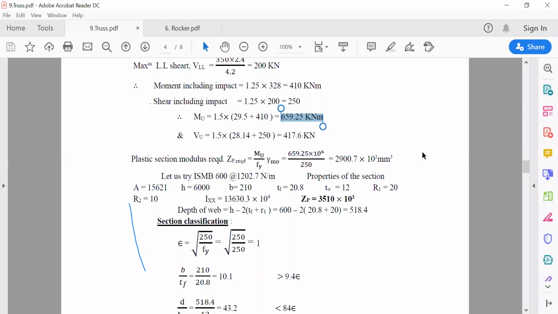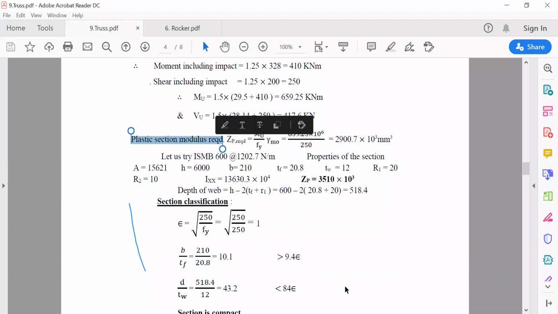Now we have reached steel design. Whenever you design a beam, I hope you have gone thoroughly through the videos, you have to find out the plastic section modulus required.